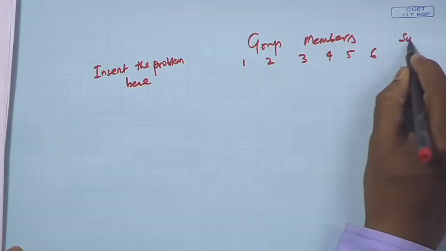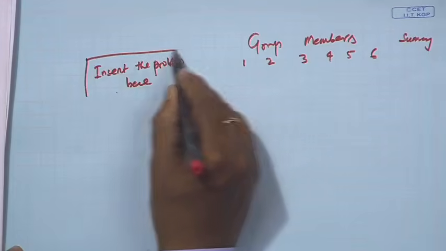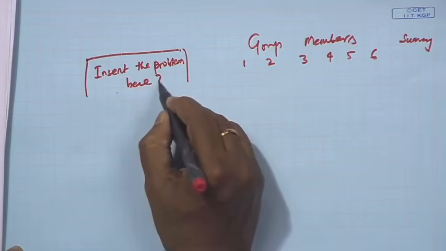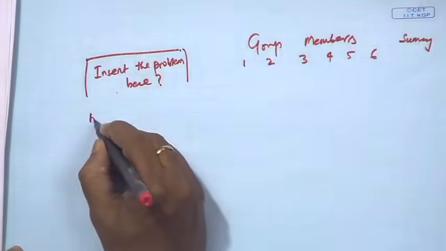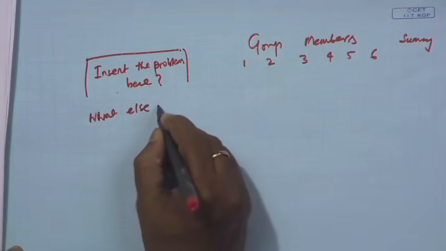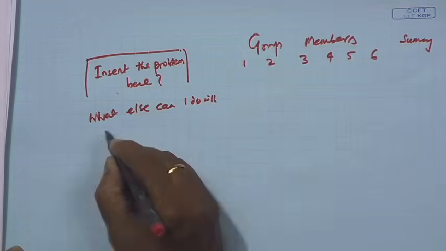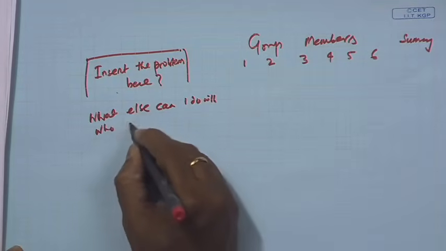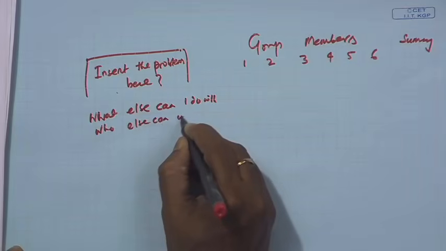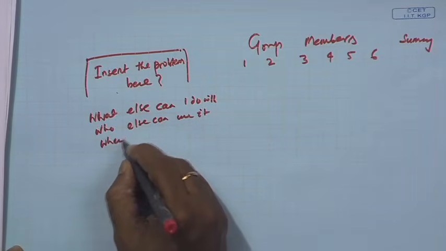Then you keep here a summary column. When you are inserting the problem here, then the question is asked, and some helpers are tagged to it: what else can I do with it? Who else can use it? Where else can I use it?